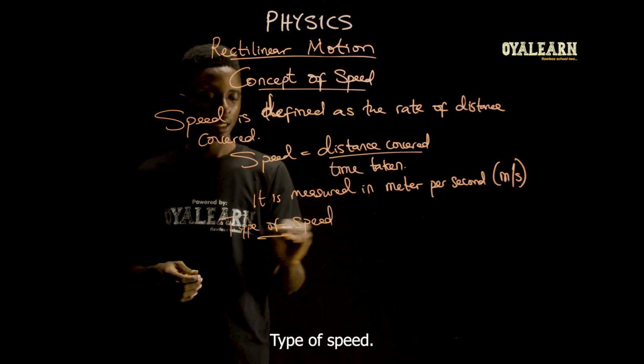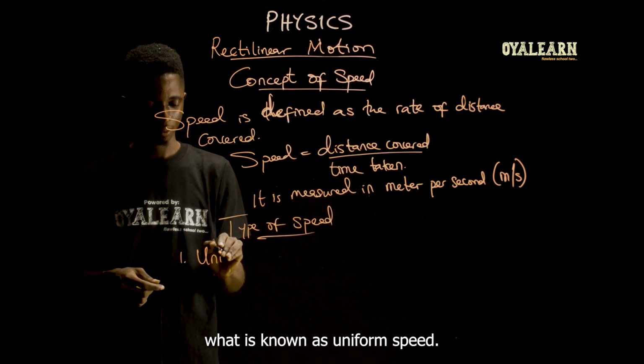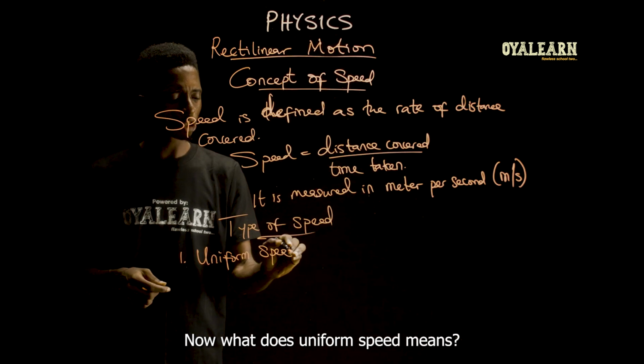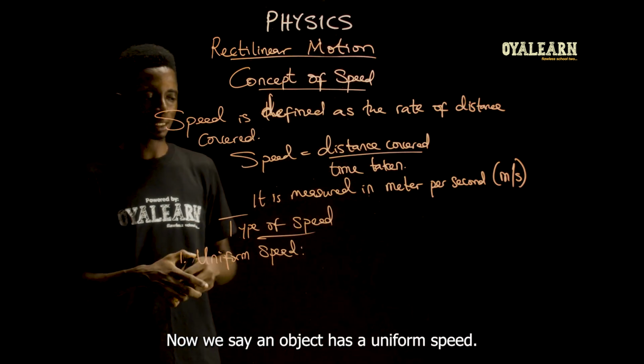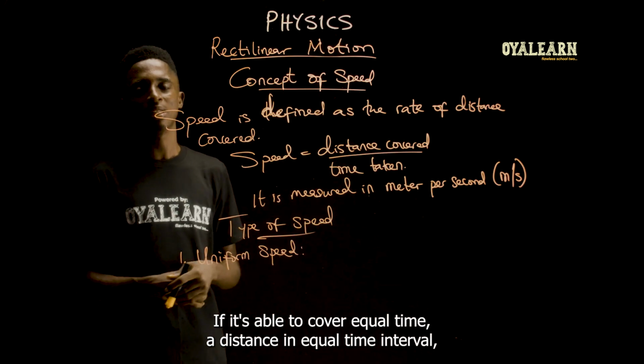We have what is known as uniform speed. Now, what does uniform speed mean? We say an object has a uniform speed if it's able to cover equal distances in equal time intervals.